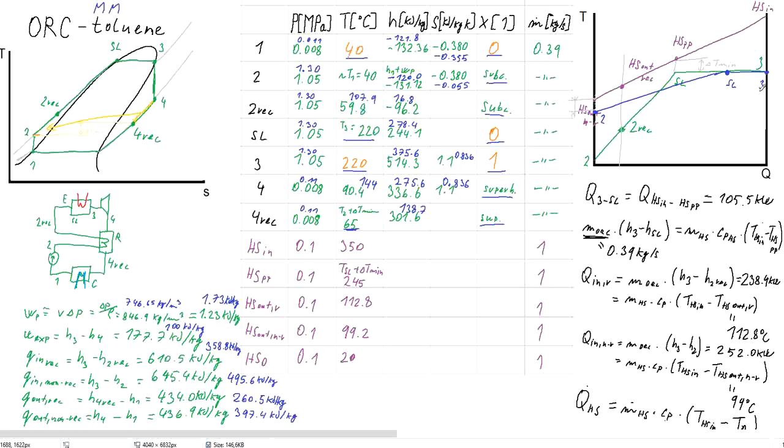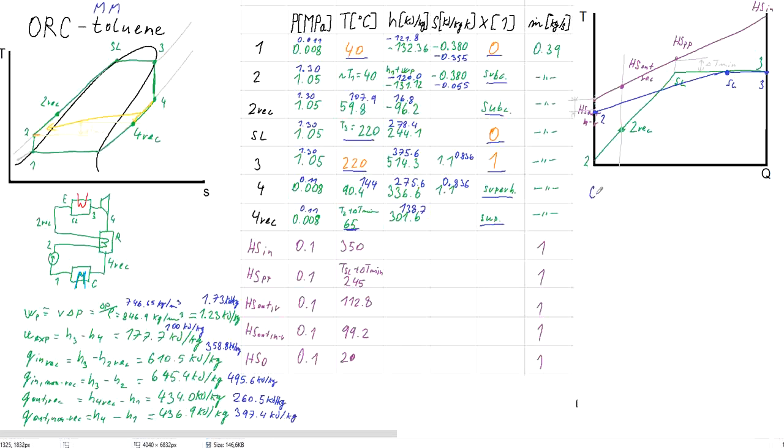This makes our calculation a little bit different over here, because let's calculate the non-recuperated case, where the heat input into the cycle will be the mass flow rate of the heat source times the Cp of the heat source and temperature heat source in minus heat source out, and we will directly get the heat source out from the minimum temperature difference in here.